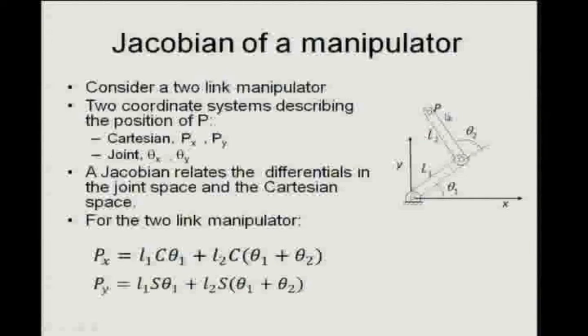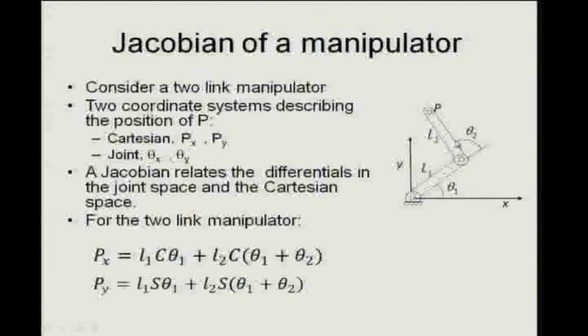We already derived essentially the forward kinematics, which is extremely simple, that Px is equal to L1 cos theta 1 plus L2 cos of (theta 1 plus theta 2), especially if I have used the right kind of coordinate system and I am measuring theta 2 from here.